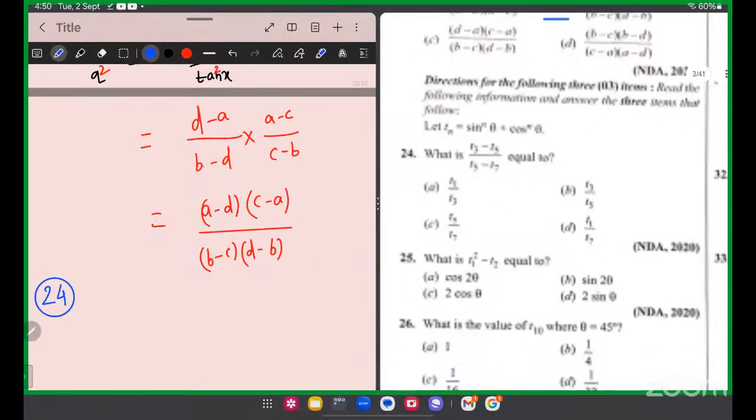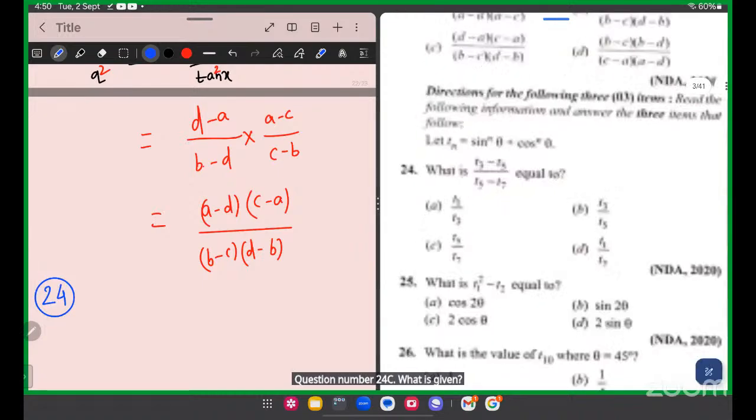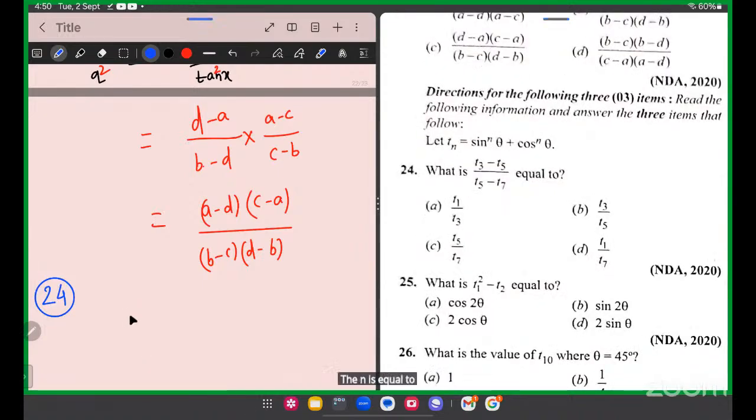See, what is given? Tn is equal to sine raised to n theta plus cos raised to n theta.